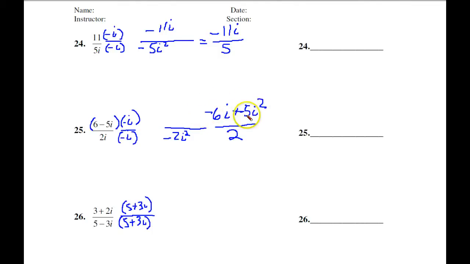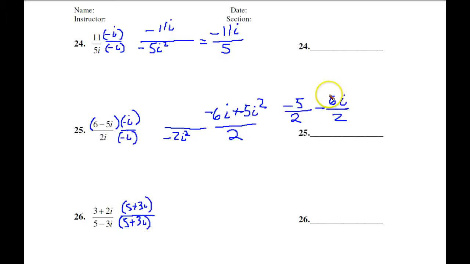But again, this is not in the correct form yet. So here, this over here is going to be a -1. So this is going to become a -5, this one here, over 2. Now this is a negative 6i over 2.